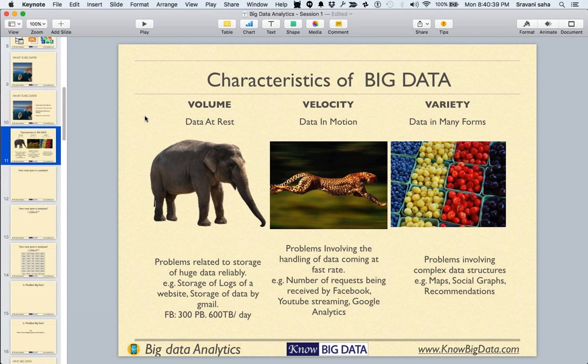So our data could be big data, meaning data that requires distributed computing. Data could be big data because of its volume. The volume is so high that you cannot store it on a single machine, and then you call it big data. Or it could be the velocity, the number of requests coming from the user is so high that you cannot handle them using a single machine.